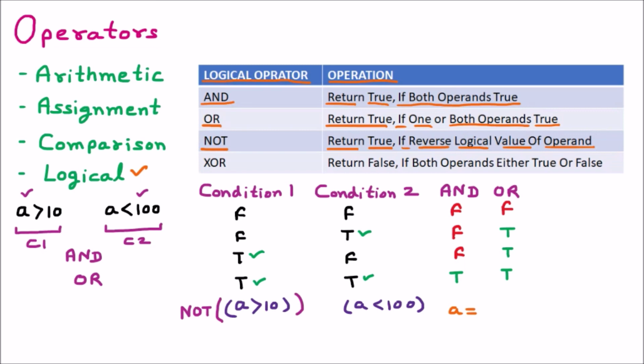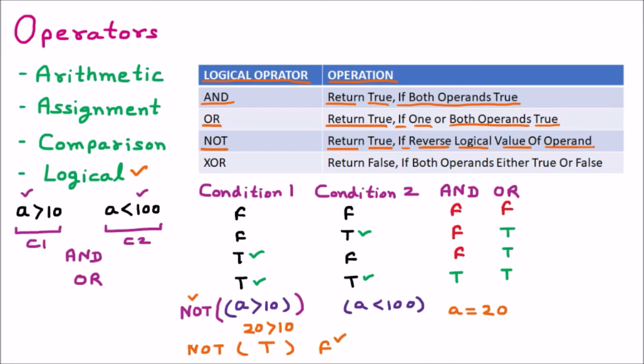If I assume that the value of A is 20, you know that 20 is greater than 10, so the result of this one is true. Now as the NOT is applied, the cumulative result true goes to the NOT and the result becomes false.